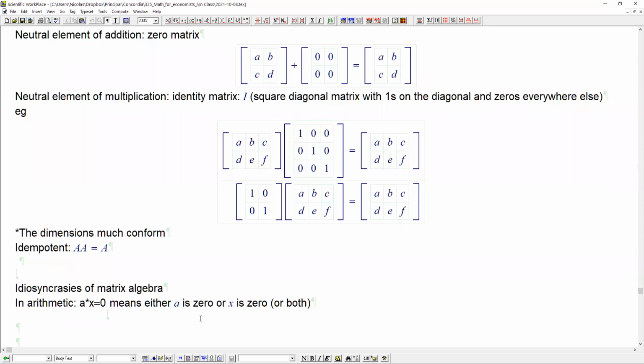But that's not necessarily the case for matrix algebra. So I'll give you an example.